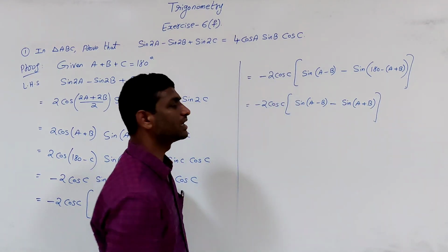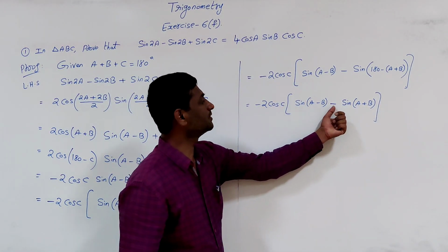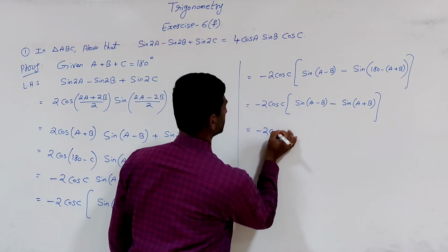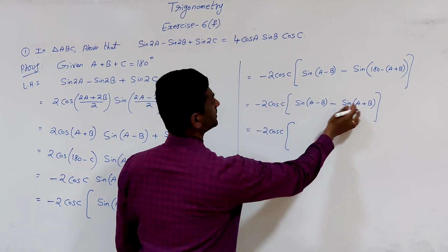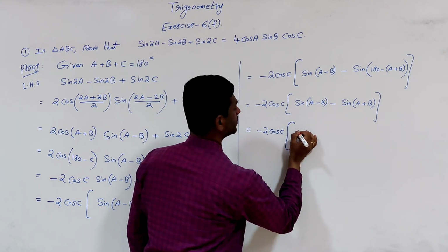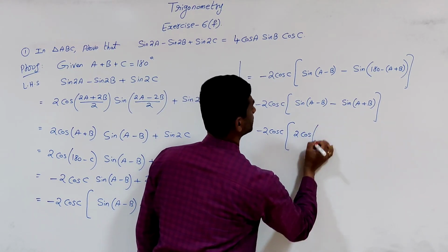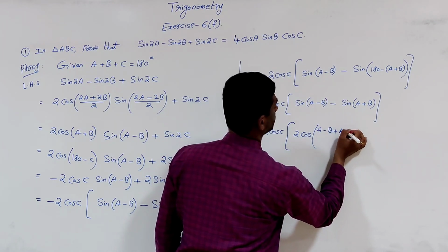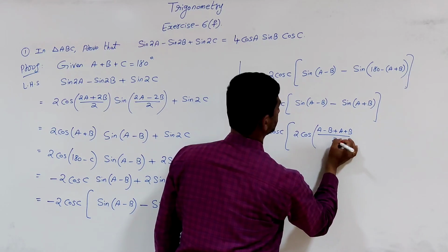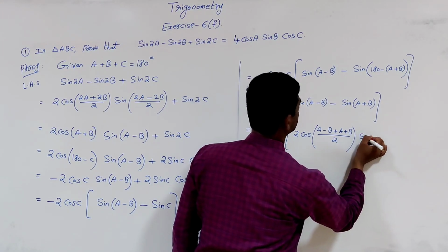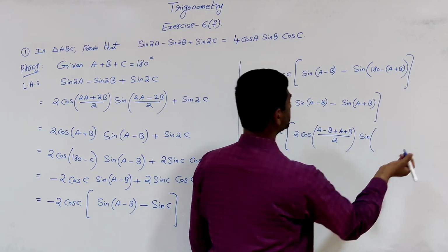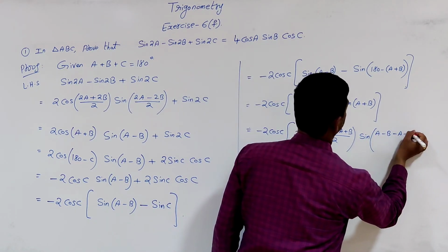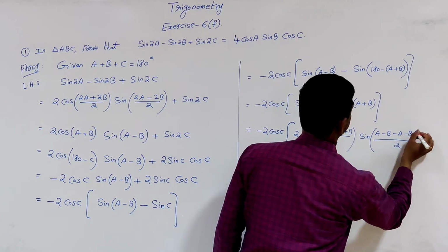Now you can apply the transformation sin C minus sin D: minus 2 cos C times 2 cos of ((A minus B) plus (A plus B)) by 2 into sin of ((A minus B) minus (A plus B)) by 2.